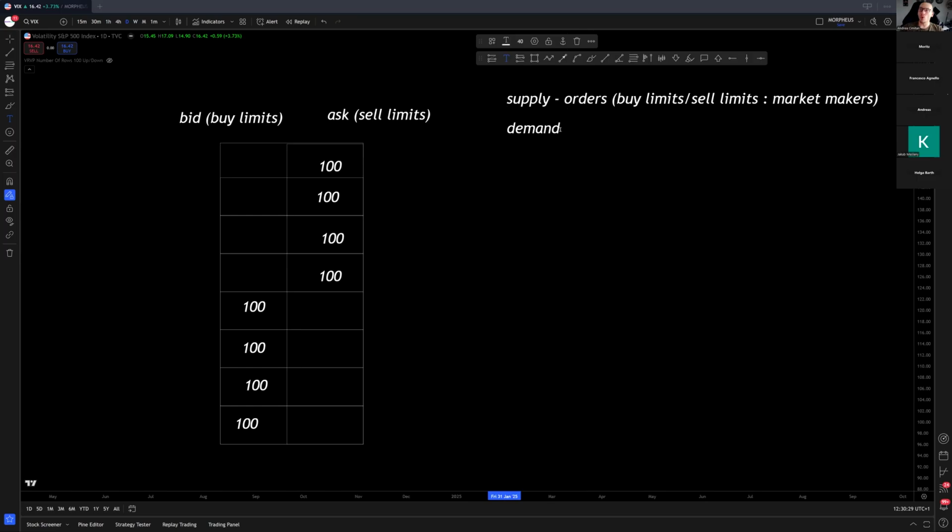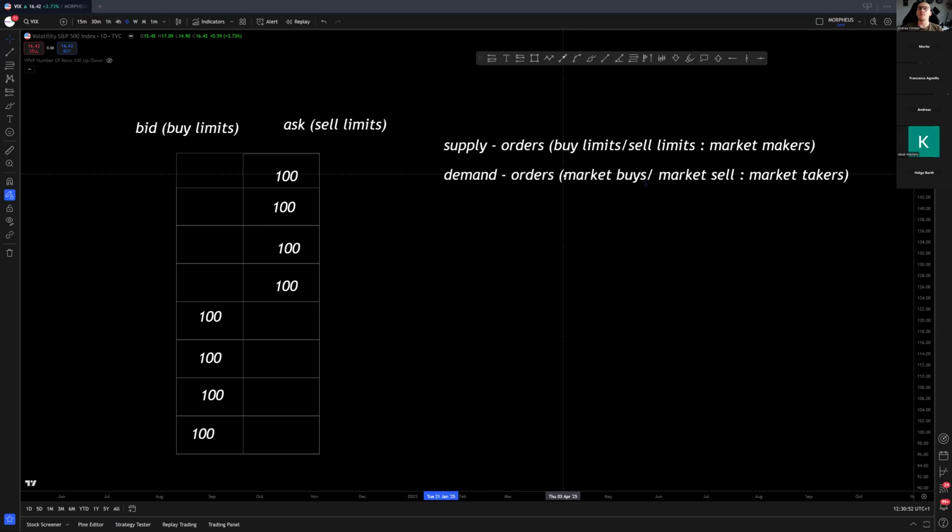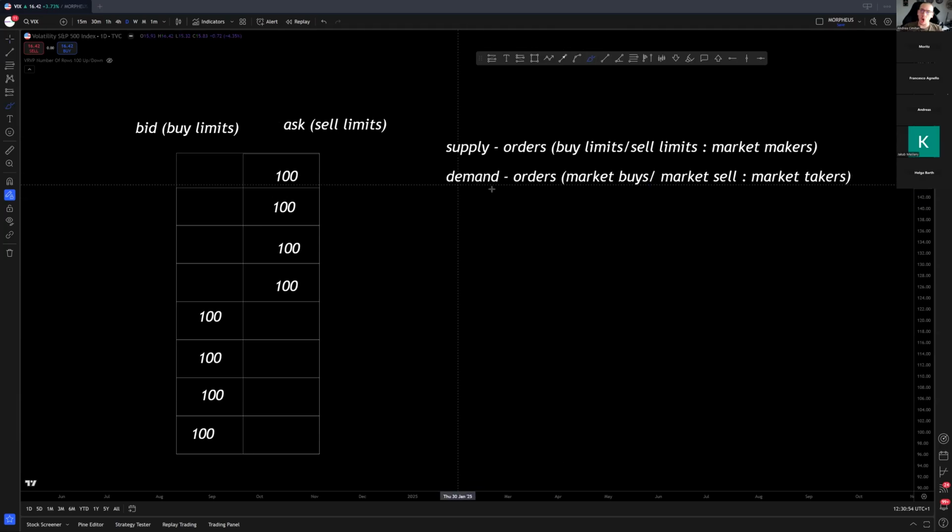And there's a demand for orders, which is market buys and market sells. These are the so-called market takers. So in our auction of orders, market takers are the demand, market makers are the supply.